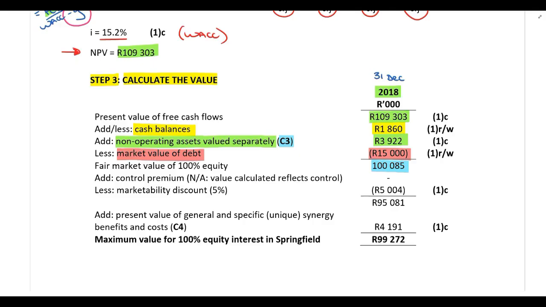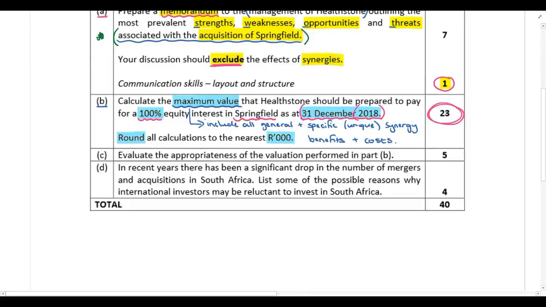After we have the fair market value of 100% equity, we need to take owner level or shareholder premiums and discounts into account. So first you need to consider whether a control premium should be added to the value that you've calculated. Now guys, if you go back to the required, we are calculating the value for a 100% equity interest in Springfield.